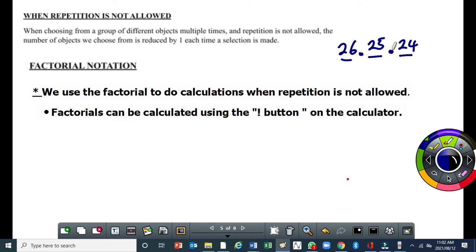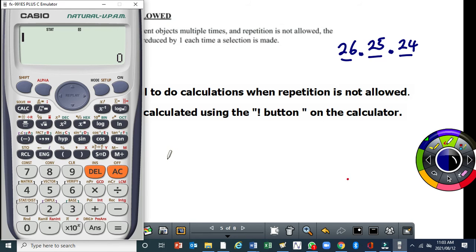The factorials can be calculated using the exclamation button on your calculator. Make sure you know where it is on your calculator. So you press shift, and then you press that button.